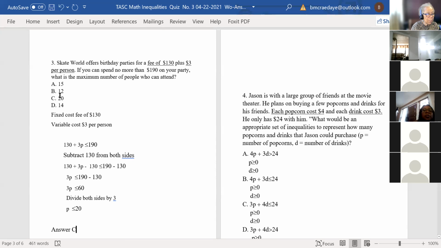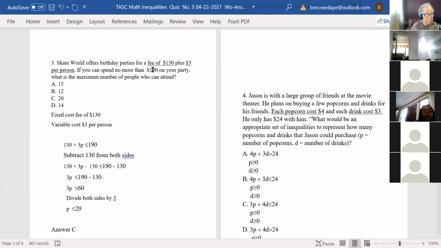Because 20 is persons, right. What's 20 times 3? 20 times 3 is equal to 60. What's 60 plus 130? 60 plus 130 would equal 190.